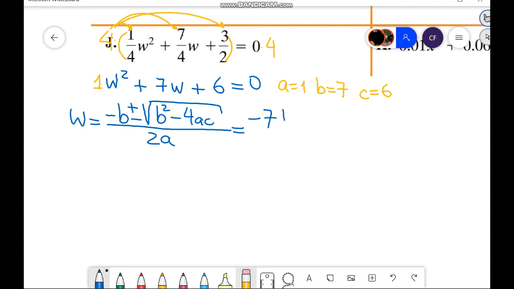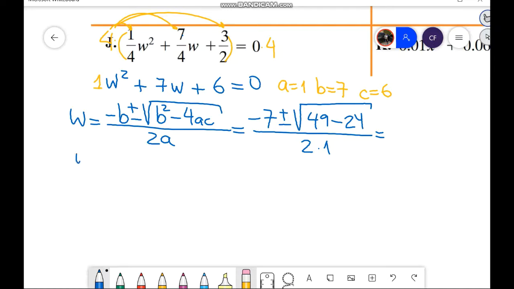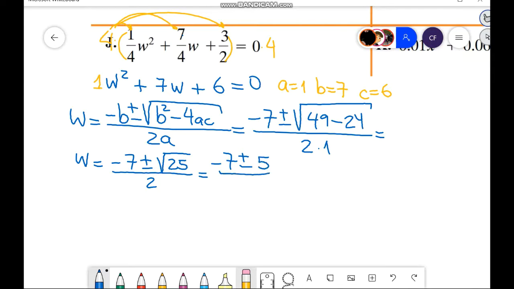-b, -7, plus or minus the square root. b squared, 7 squared, 49, minus 4 times 1, 4 times c, 24, over 2 times 1. And you're going to have W equals -7 plus or minus 49 minus 24, 25, over 2. -7 plus or minus 5 over 2.